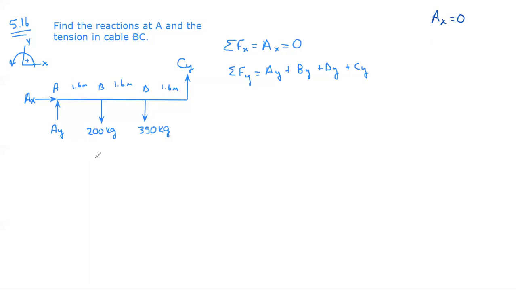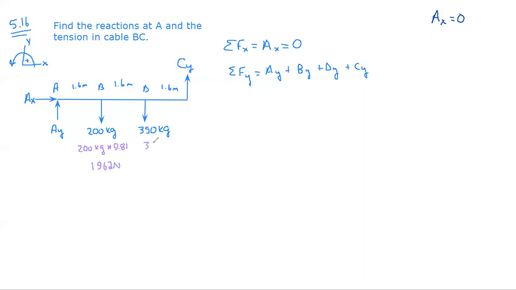Kilograms need to be converted to newtons, so we'll do that down here. 200 kilograms times 9.81 gives us 1,962 newtons.